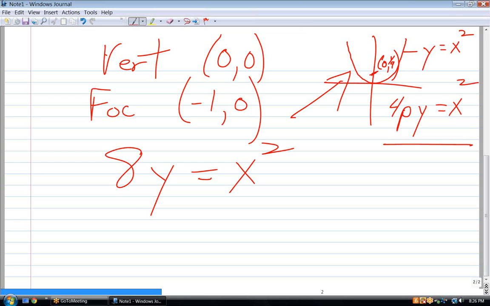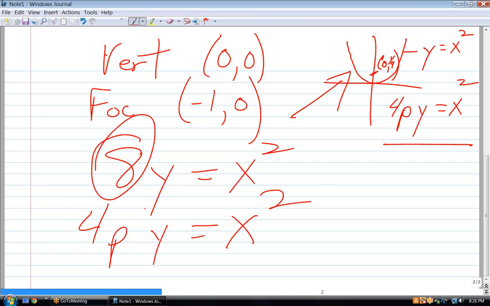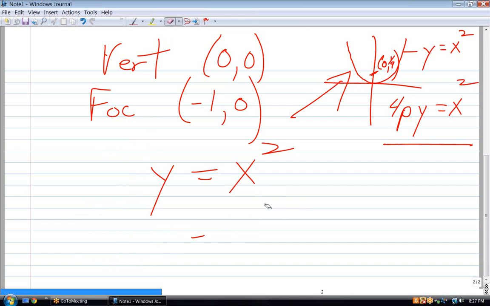No, just the coefficient. Just 8. In other words, if the standard is this, the only difference is that it's an 8 instead of a 4p. So I have to equate 4p to 8. So p would have to be 2. Okay? Not done.